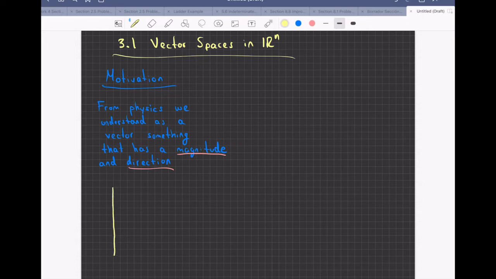you can understand vectors as some kind of segment of line with an arrow. For example, this. This can be interpreted also as a vector.